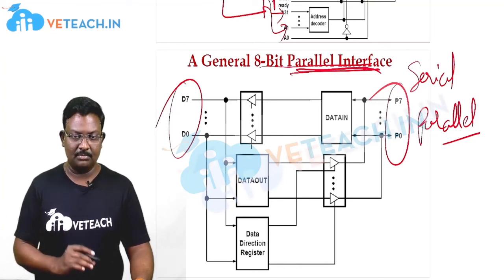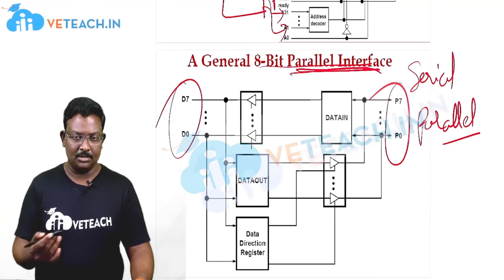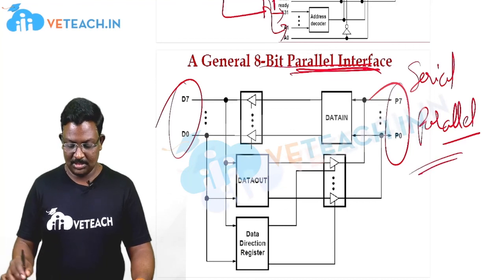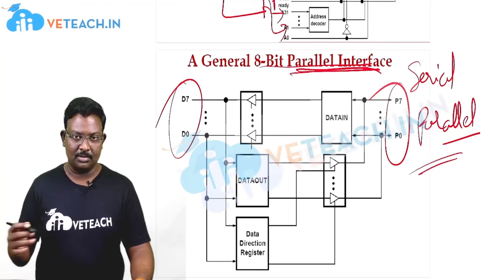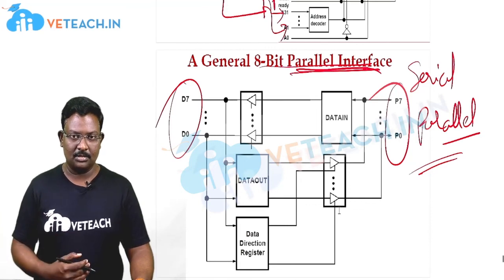In the previous two cases it is done in a serial way. So these are the two ways where we can perform the data transfer in asynchronous type of buses.